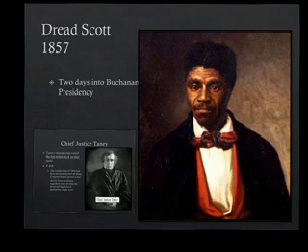Now on page 403, we're going to start looking at the Dred Scott case of 1857.